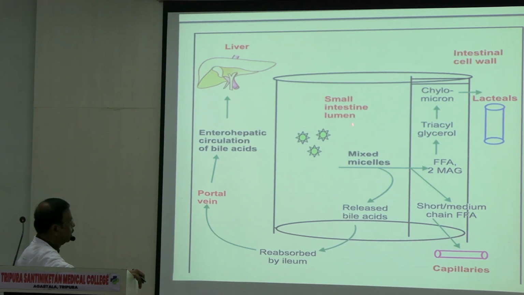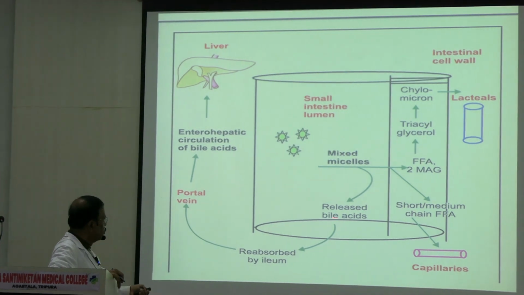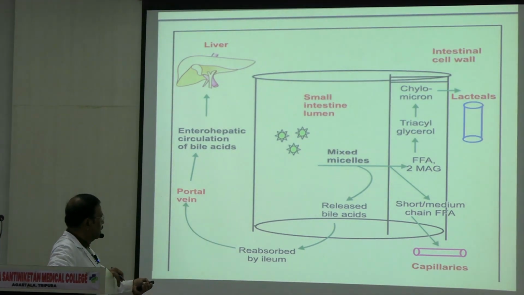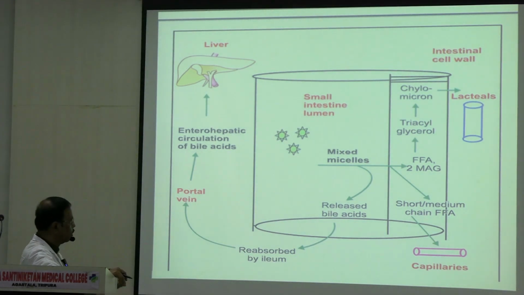In the jejunal epithelial cell, in the lumen, mixed micelle is formed and bile acid is released. Other things like triacylglycerol, fatty acid, 2-monoacylglycerol, where 2 means position 2, and short and medium chain fatty acids are all absorbed here.